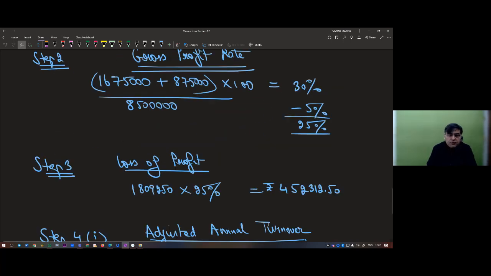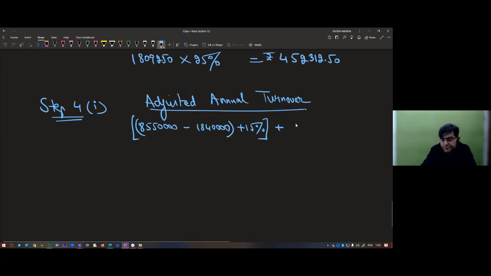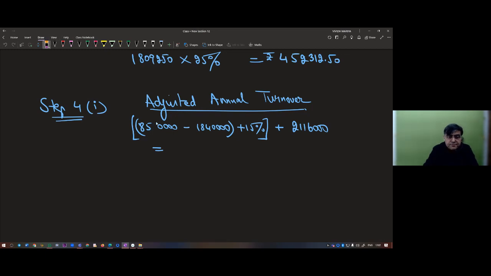The Q1 of the current year is 2116. So 85 lakhs minus 18 lakh 40,000 plus 15% plus 21,16,000.